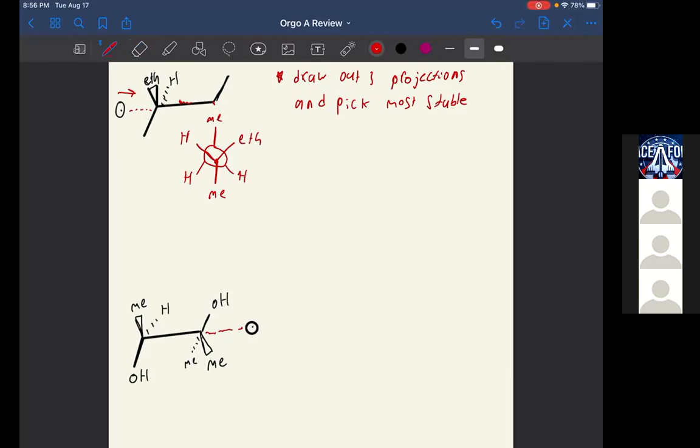And then if you rotate, this is how you determine stability. All you want to do is draw the exact same type of structure. However, you want to choose either the back or the front to rotate. I like to keep the back the same: methyl, hydrogen, hydrogen. I like to rotate the front. So you just move each one over one. Ethyl would come here, methyl would end up here, and hydrogen would end up here.